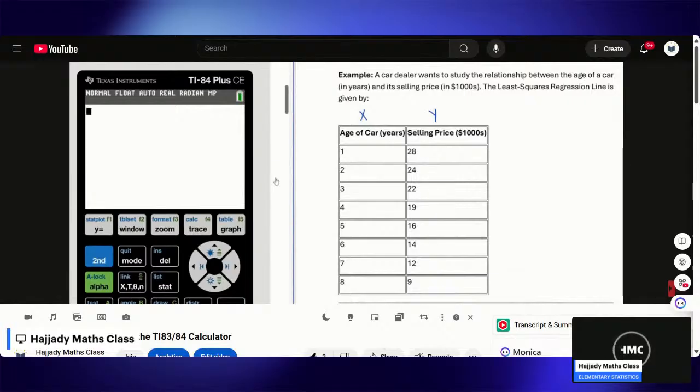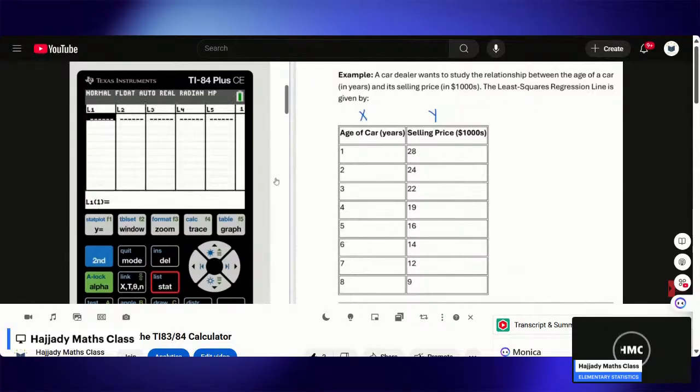Now on the TI-84 calculator, you click on Stat, Edit, then you can plug in the information. So L1 is going to be the input, and the y is going to be the output, which is L2. Now let's plug in the information.